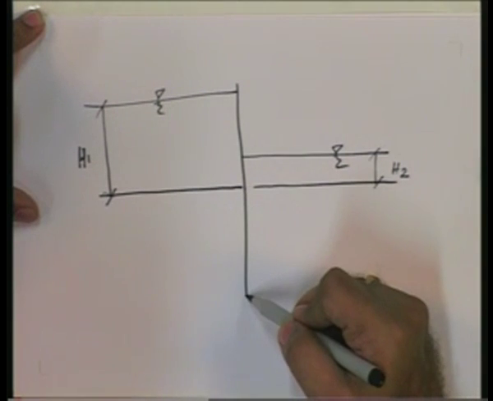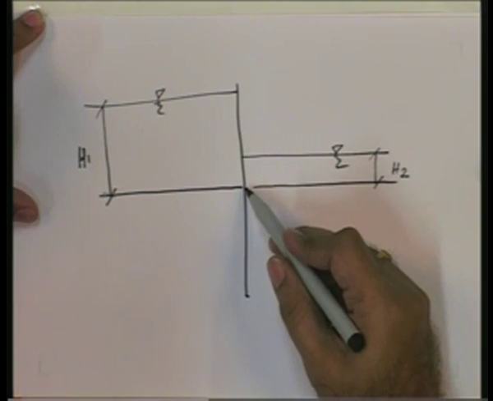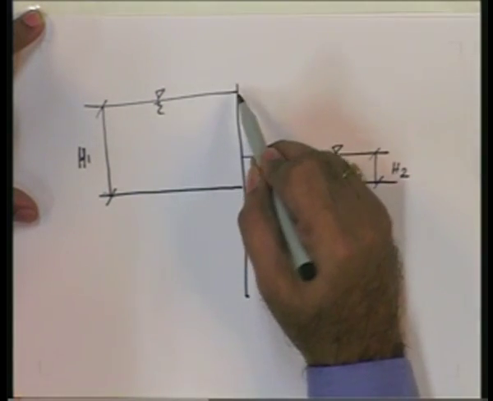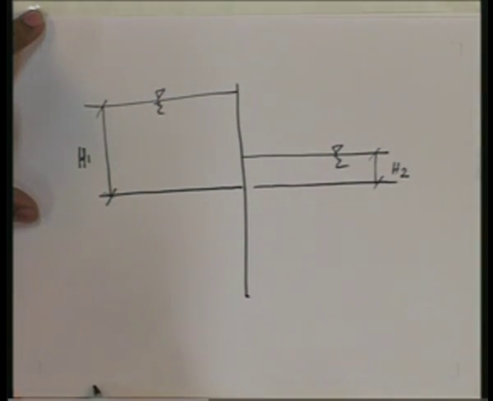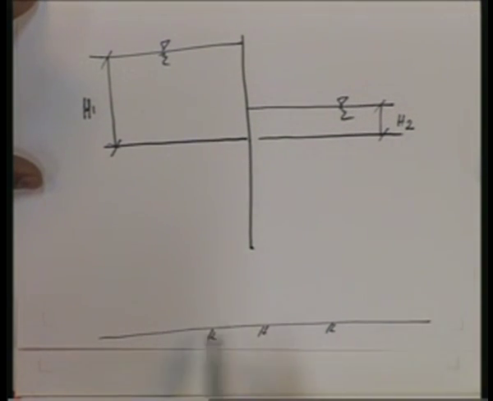This particular depth is referred to as the embedment depth of a sheet pile wall. This particular line is a cross section which is shown, and this is the impervious boundary, the impervious boundary which is shown here.